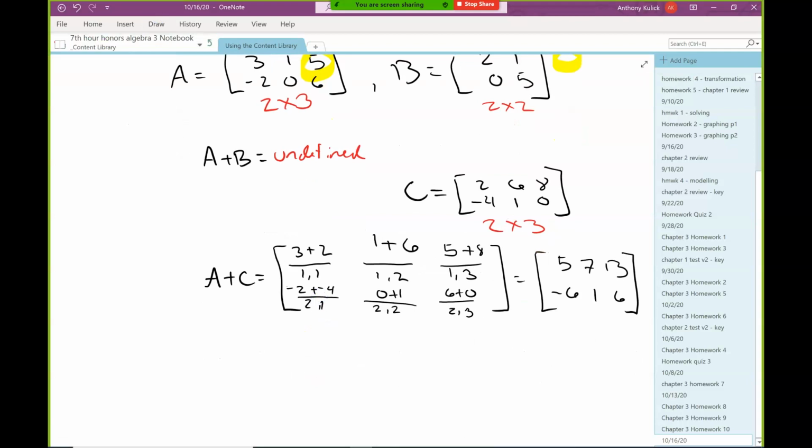So now that we've talked about matrix addition, we should understand how to add two matrices together. It's pretty easy. Let's talk about some properties.